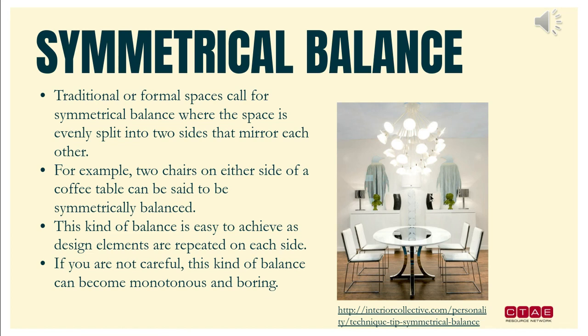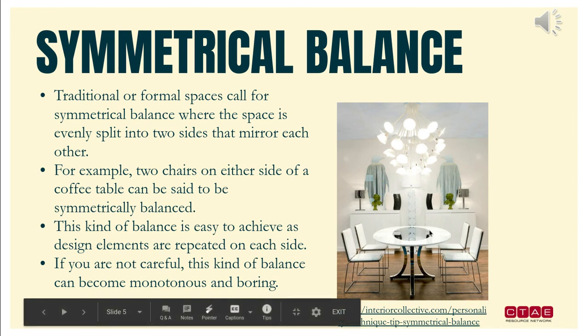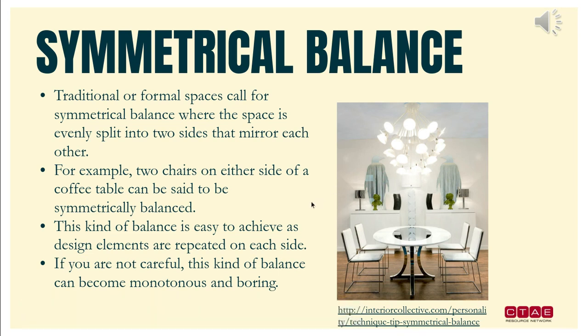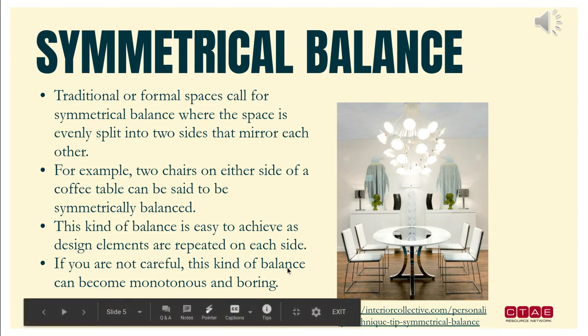Both black faces are curved outward, as if it was a mirror image. Your chairs are on this side, your chairs are on this side. This is a symmetrical balance in the design. This balance is easy to achieve as they're repeated on one side and the other. However, if you are not careful, this kind of balance can become monotonous and boring.